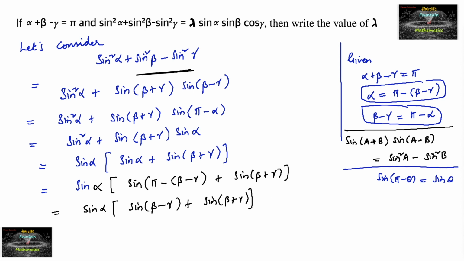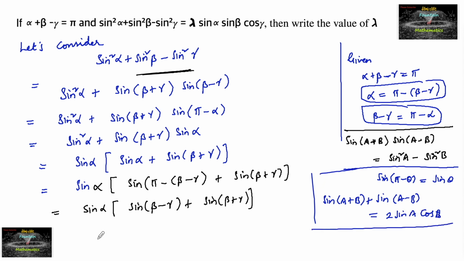And also we can recall one more formula, that sine of a plus b plus sine of a minus b is equal to 2 sine a cos b. By using this formula we can get it. So which equals sine alpha into sine beta plus gamma plus sine beta minus gamma, which is nothing but 2 times sine beta cos gamma.